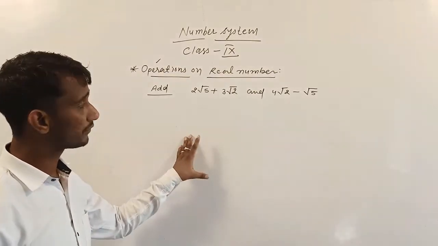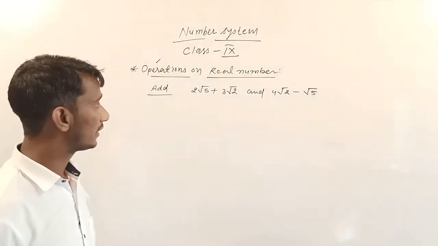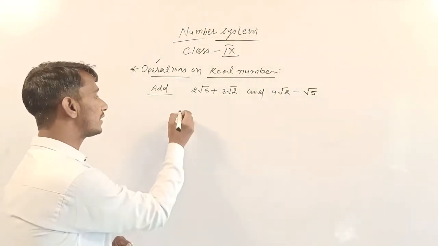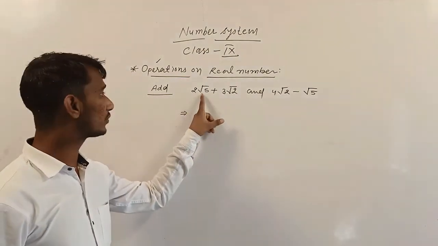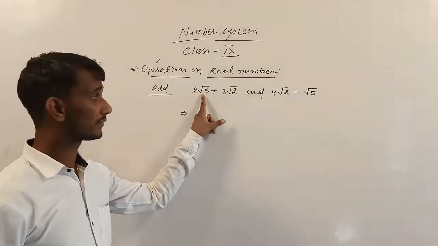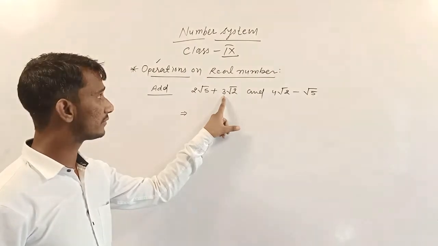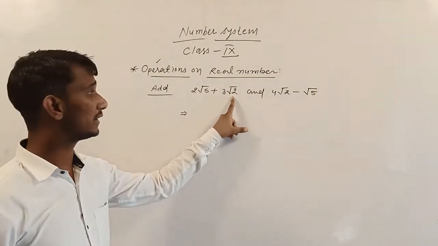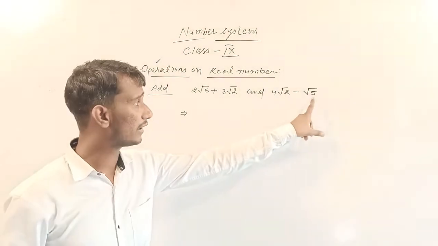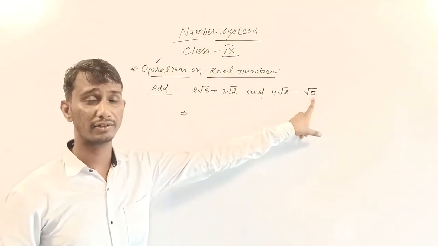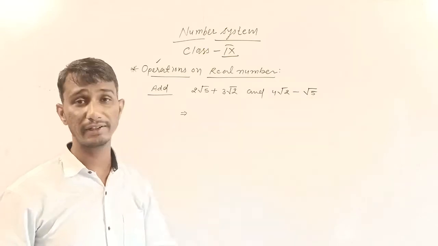I am telling you only the horizontal form here. First we check: 2 is rational, root 5 is irrational. 3 is rational, but root 2 is irrational. 4 is rational, root 2 is irrational, and root 5 is also irrational.